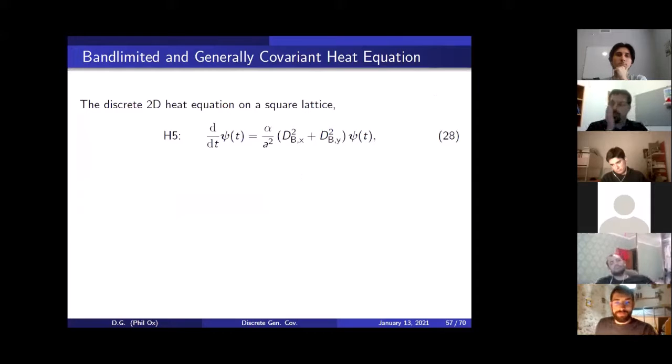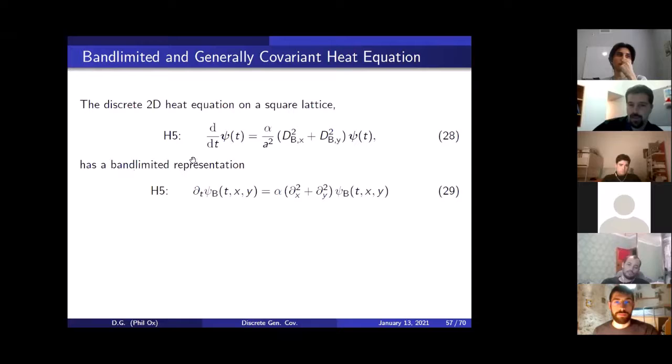Okay, so let's now put together this idea of having a band-limited representation of something with also having a generally covariant representation of it. We'll go through this a little bit quickly, maybe, but this discrete 2D heat equation that I write down in terms of these discrete values relating to each other over time has a band-limited representation like this, which I hope you're not surprised about.